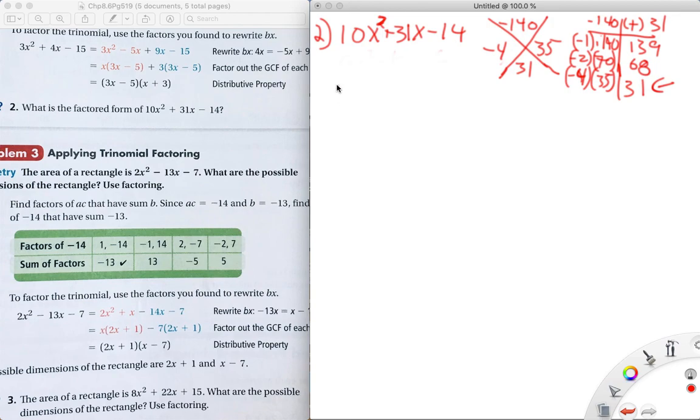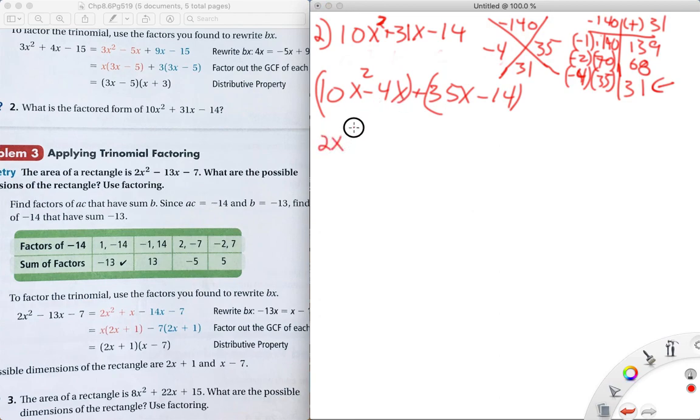So when I split this up, I can do 10x squared minus 4x plus 35x minus 14. Put parentheses around each pair and think of something that I can factor out. In this case, I can factor out a 2 and an x.